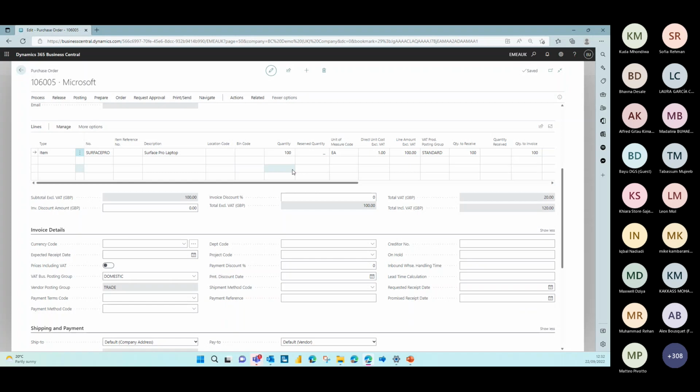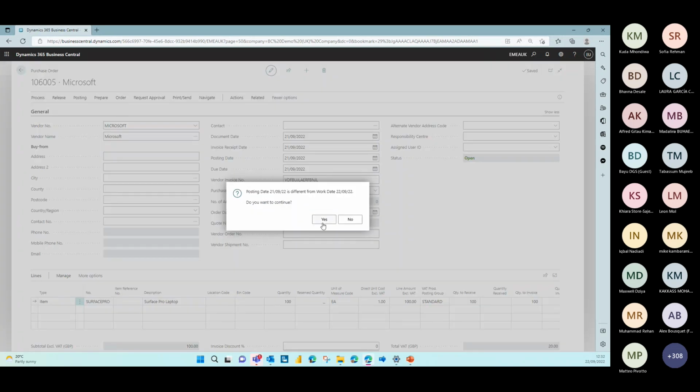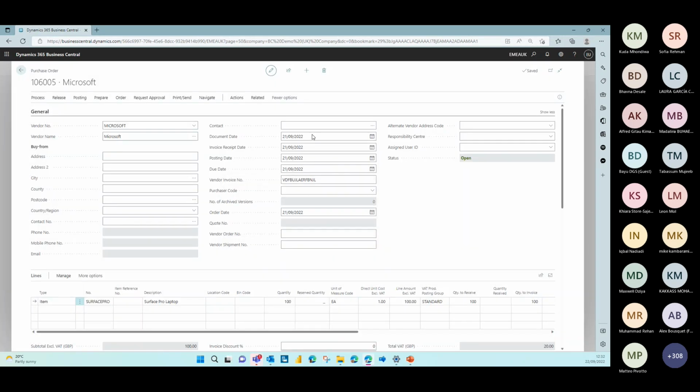I bought from Microsoft 100 laptops for £1 each. And because of all that posting setup with the bridge, look at the preview. Let's just change it. Okay, let me change it to today. Tip, do T, and it will give you today's date.